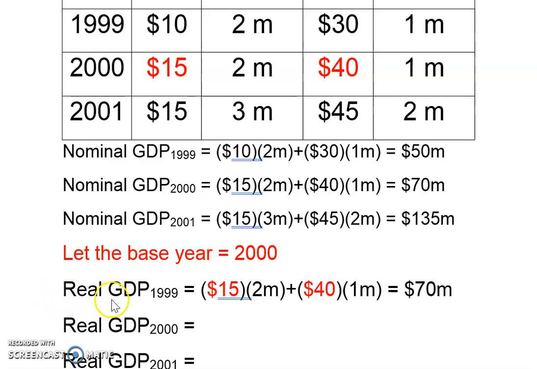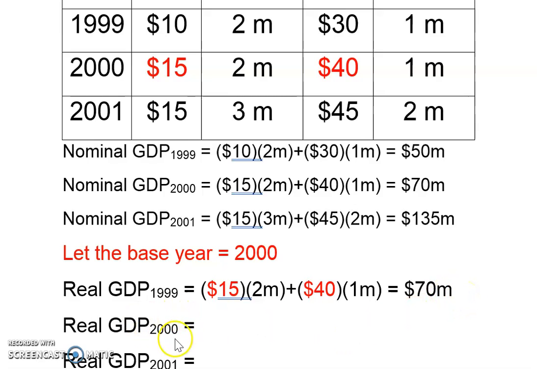To find out what the real GDP of 1999 is, we need to use the base year's price, which is $15, multiplied by the 2 million. 2 million is the amount of pizza year 99 produced. For the jacket, we use the base year's price multiplied by this 1 million, which is year 99's jackets. So the real GDP for 99 is 70 million.